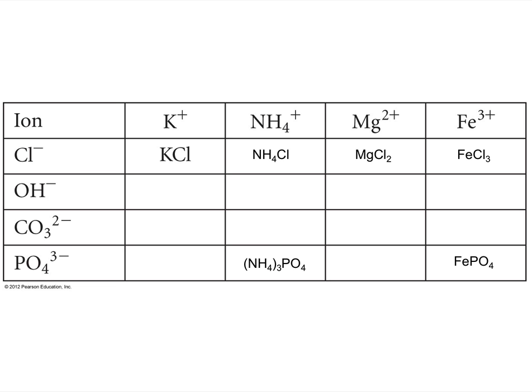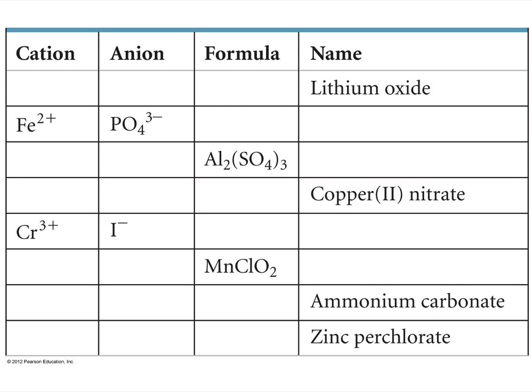Okay, let's go ahead and do our last ionic nomenclature table. And so here we have cations, anions, formula, and name. And so what you should do is go in and fill in this chart, and I'll get you started here with a couple of examples. So let's start with lithium oxide.